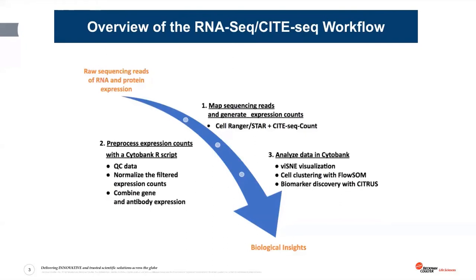After you perform the actual sequencing experiment, what you usually get is the raw sequencing reads. If you have a CITE-seq data set, you will get two different kinds of expression information: the single-cell RNA-seq information, and the single-cell protein expression information.